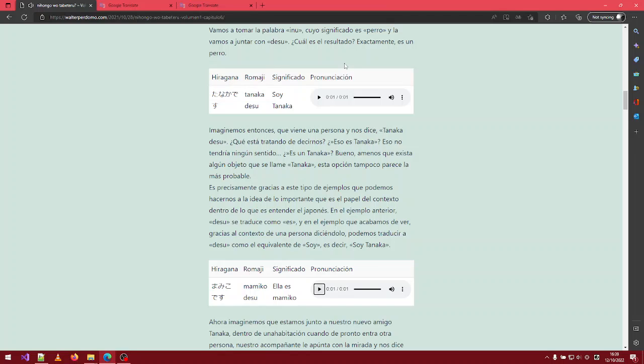So we can assume that Tanaka is trying to say she is Mamiko. There's no she in this sentence, but thanks to the context, we can assume that. It's basically she is Mamiko, right? Or Mamiko is here, something like that. Like Mamiko came to the party, basically.